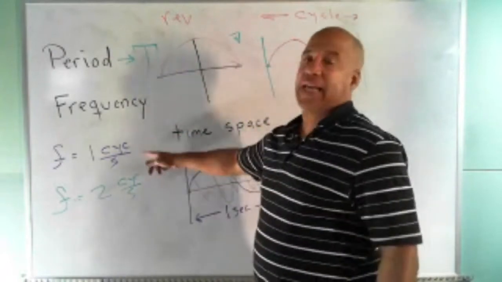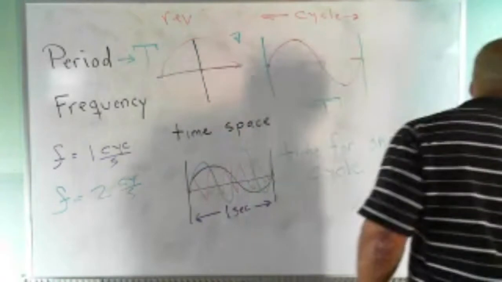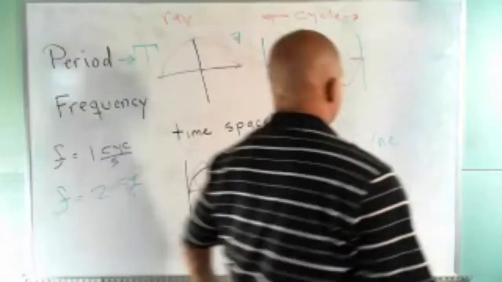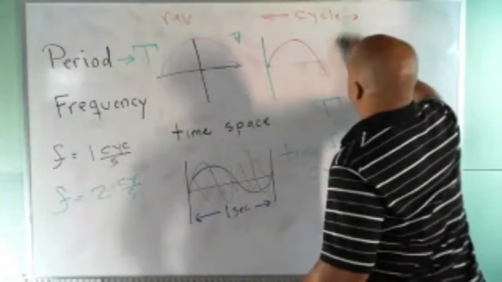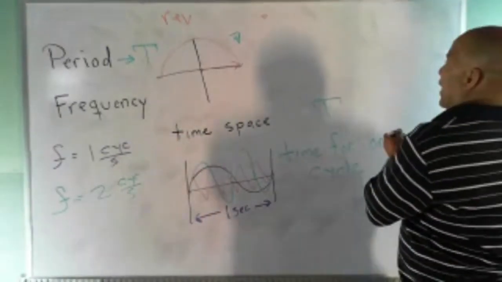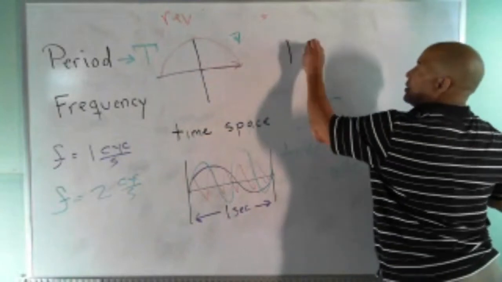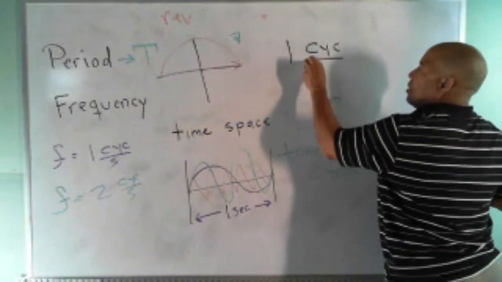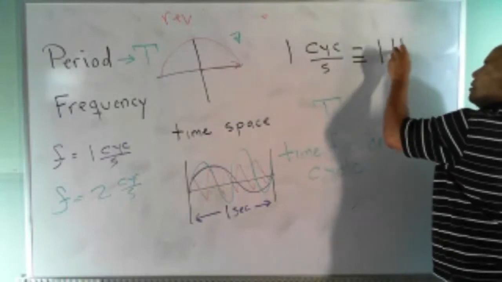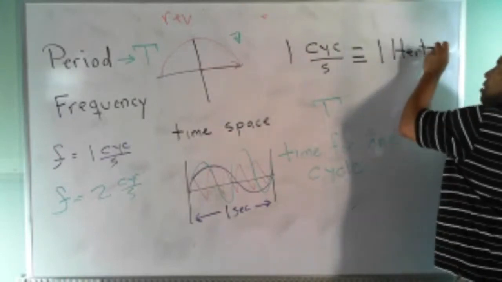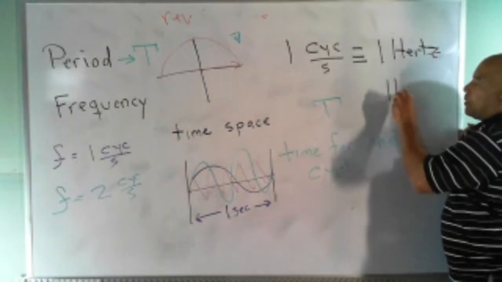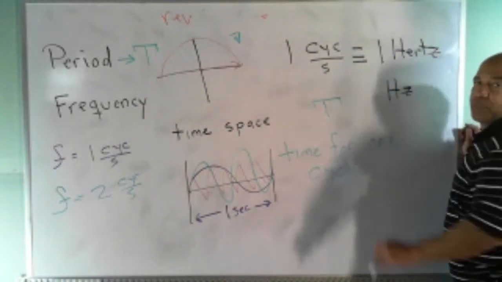Now, this cycle per second is actually a unit. And what they do is they say that 1 cycle per second, we call that 1 hertz. And instead of writing the word hertz, it is capital Hz, because Hertz is the person's last name.